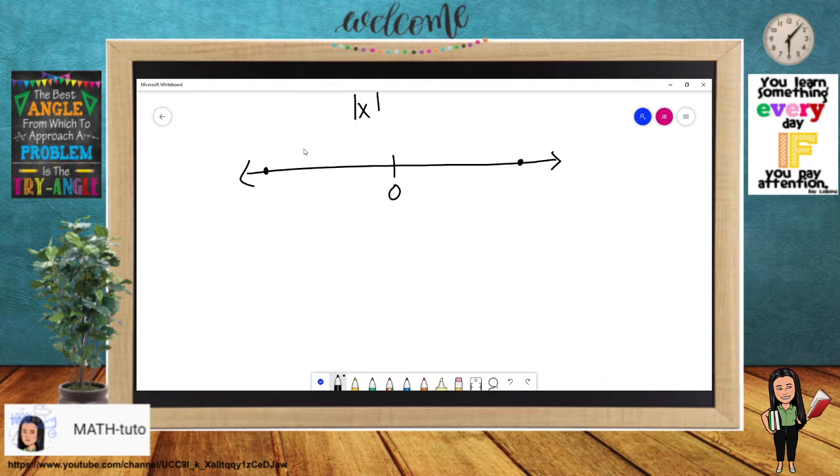For absolute value of x, this is equal to negative x, this is equal to positive x. Now we have two values or 2 points on the number line that denote the same distance, which is x units.